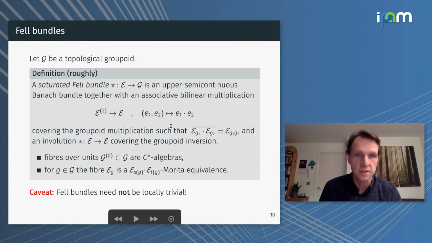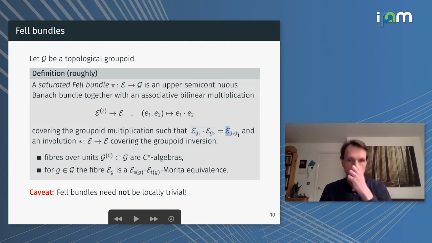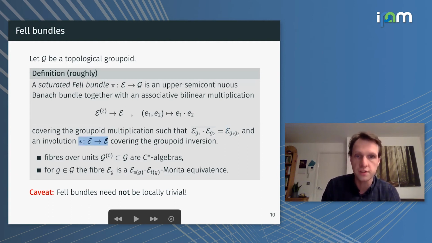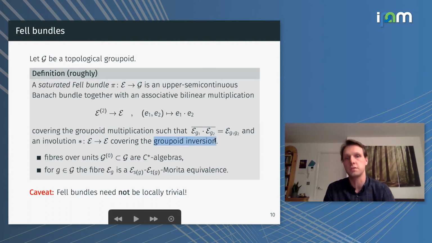And furthermore, this is the saturated part here. If I take the linear span of these multiplications and close it, I want this to be equal to E_{g1 g2}. I also need an involution on this Fell bundle that covers the groupoid inversion, right?